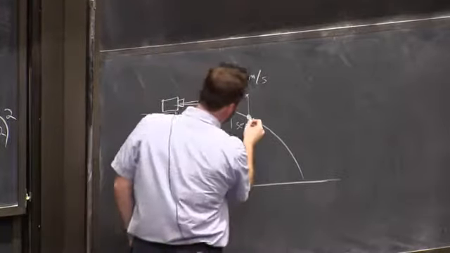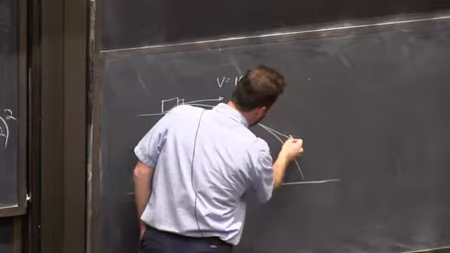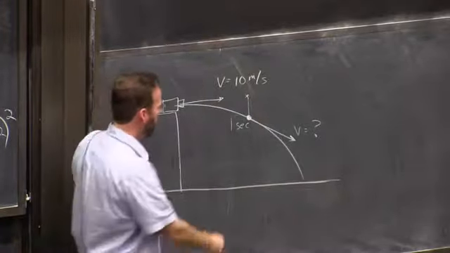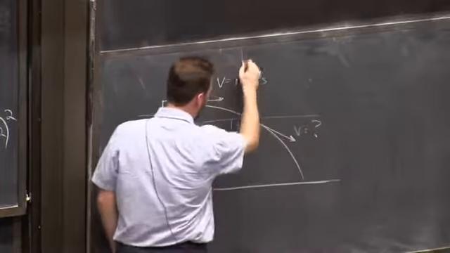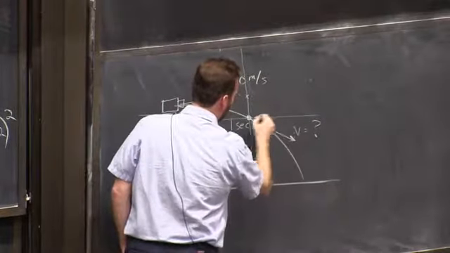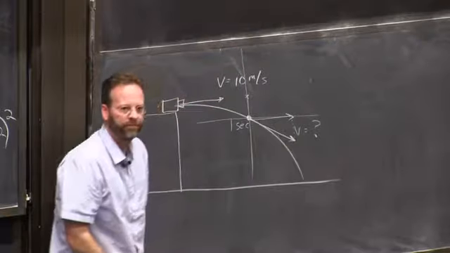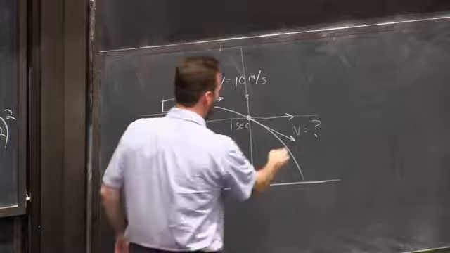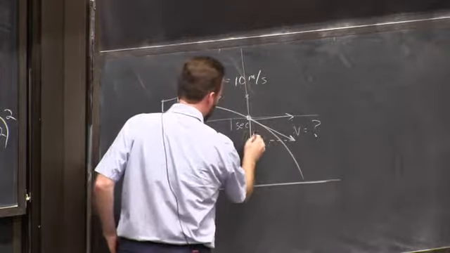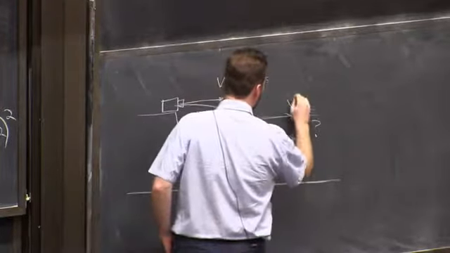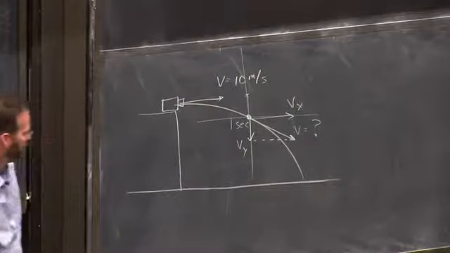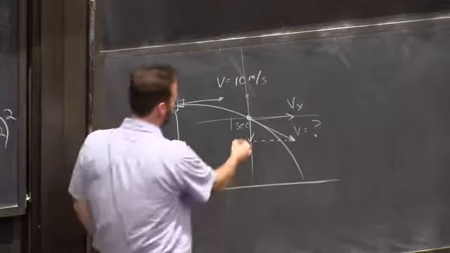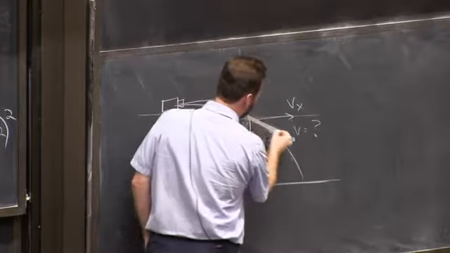Now it's pointing this way, and its speed is this. That's what we're asking. Let's draw some x and y axes. It has a horizontal component, right? It's still moving horizontally, but it's now also falling, so it has a vertical component. You've got Vx and Vy: velocity in the x direction, velocity in the y direction. It's asking what is its speed 1 second later.